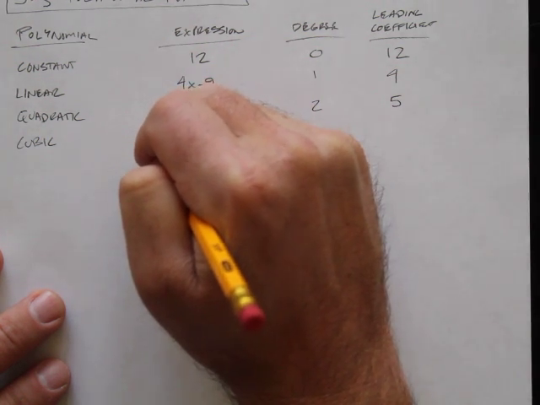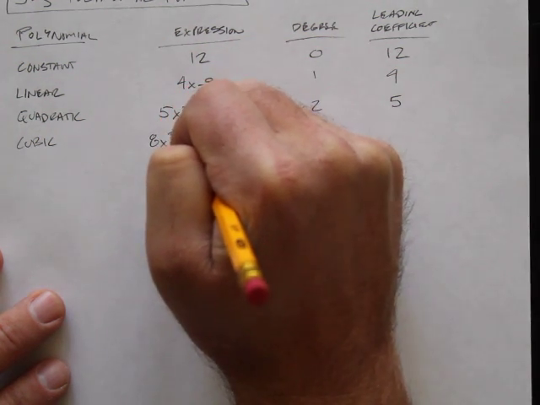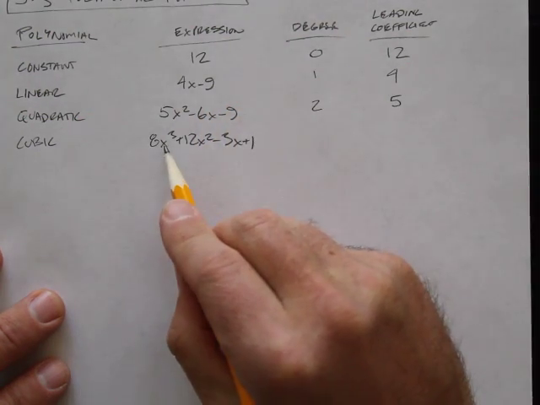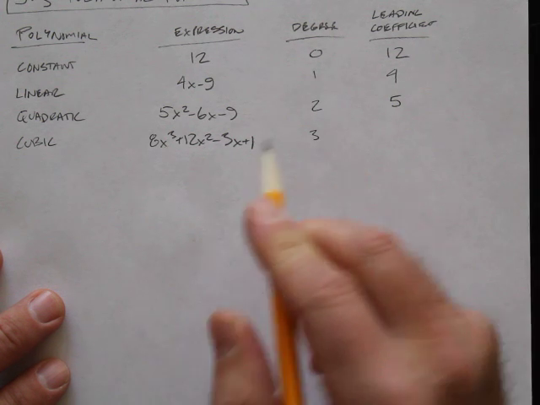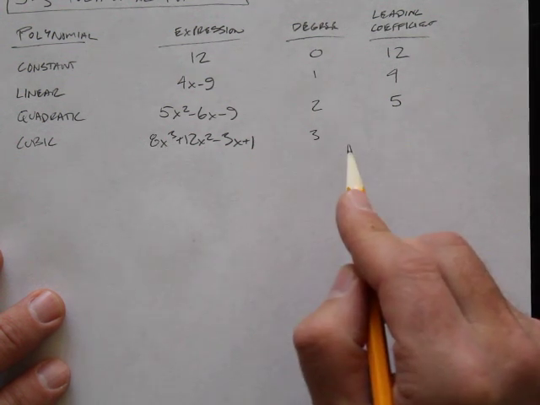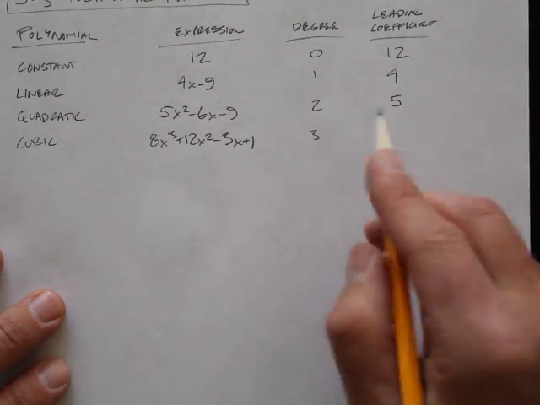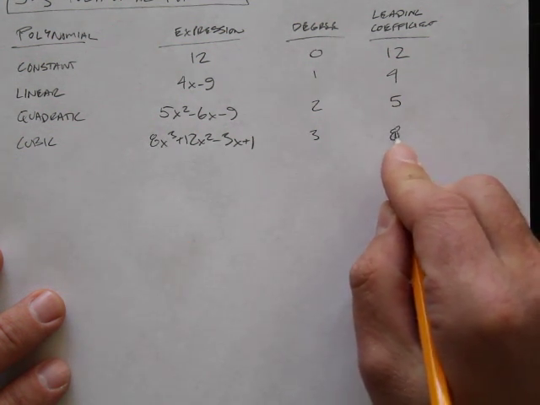This might look like this, 8x cubed plus 12x squared minus 3x plus 1. The degree is 3, the greatest degree of the variable. And the number next to that was the leading coefficient, and that is 8.